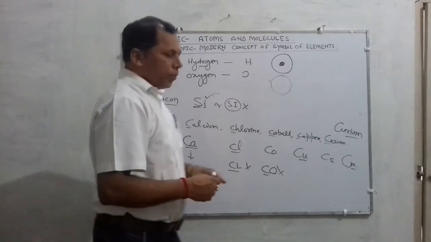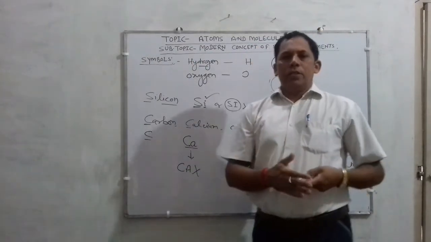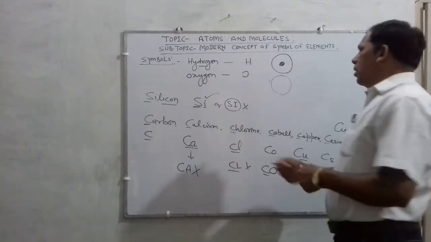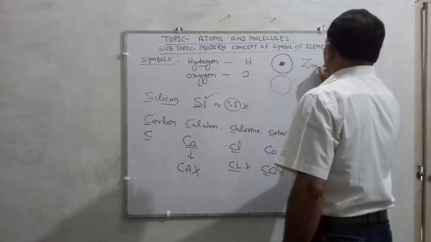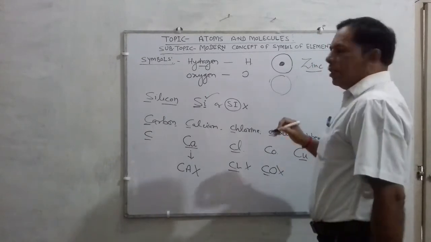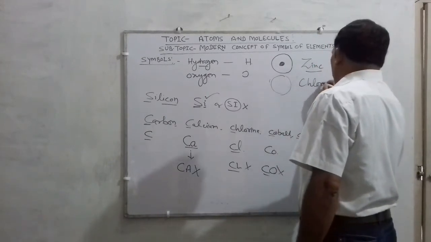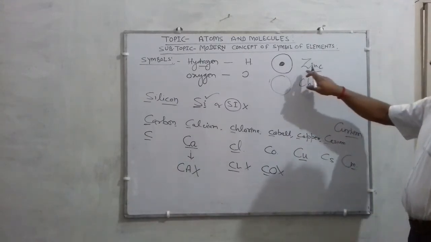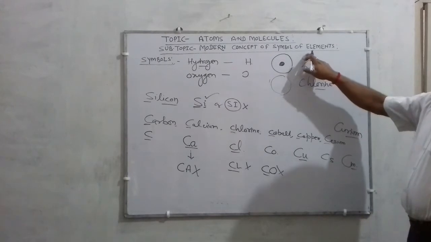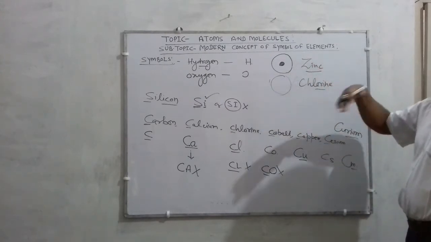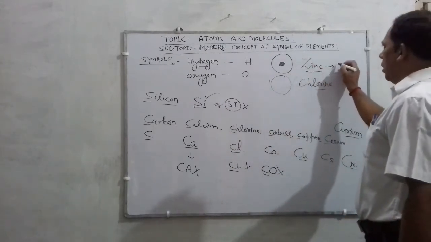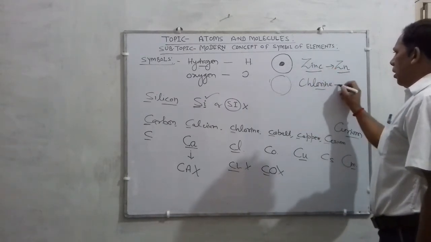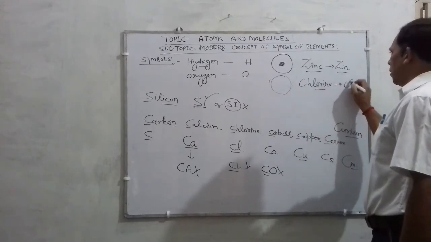But in some cases, there are also anomalies, like in zinc. Children, you have heard the name of zinc, and you have heard the name of chlorine. In such elements, the second letter is not simply the one right after the first. The symbol of zinc is Zn and the symbol of chlorine is Cl.